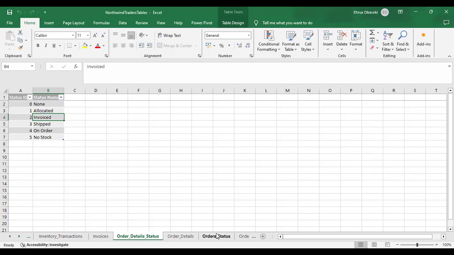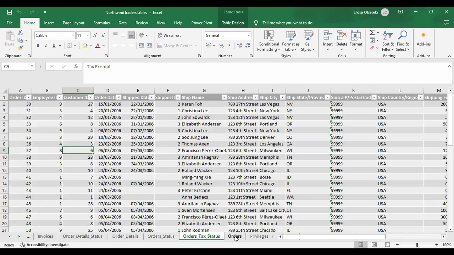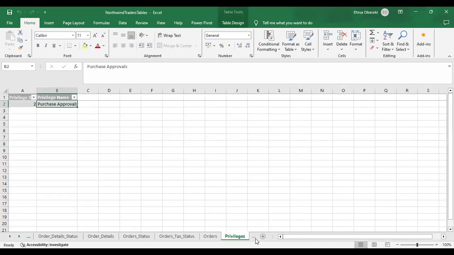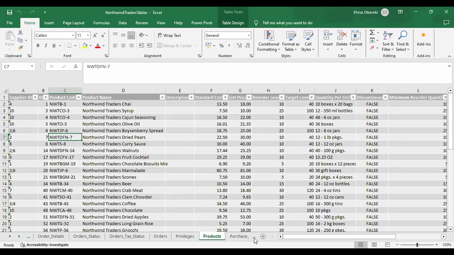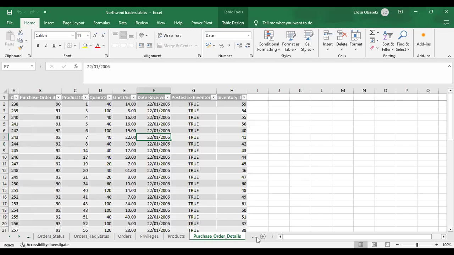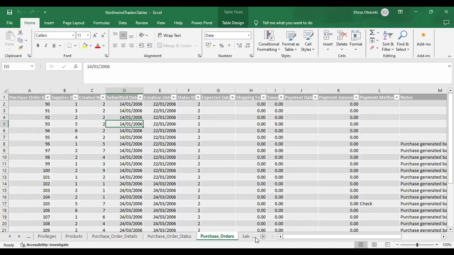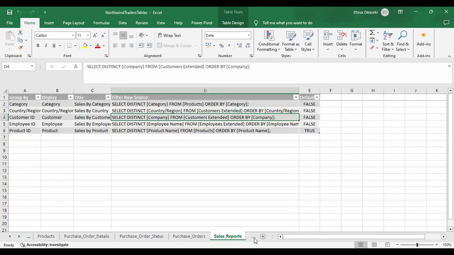We are just going to get some of these, other details. All right, so those are the ones we are going to deal with. I think that will be sufficient to explain how relationships work.